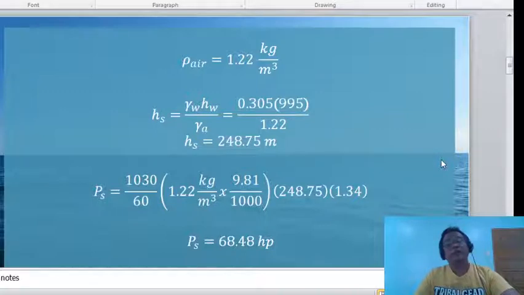Determining now the static head of the fan, that is the unit weight of the water multiplied by the head of water over the density of air.